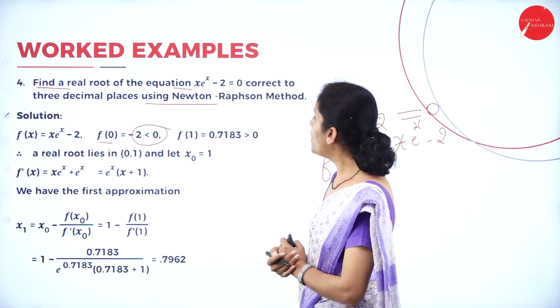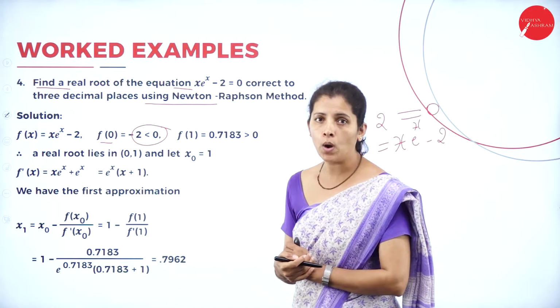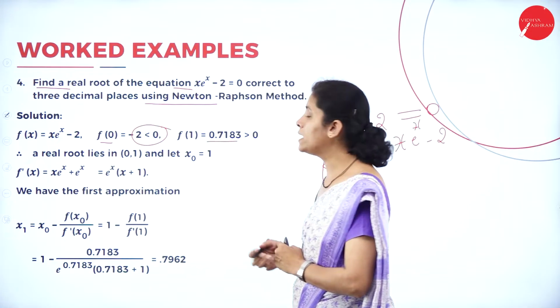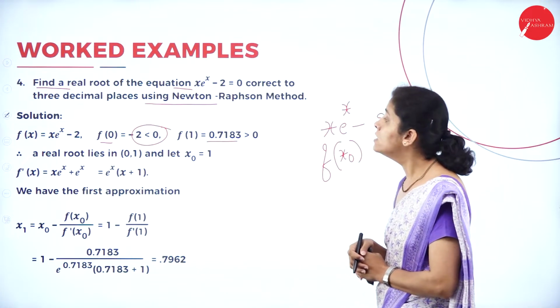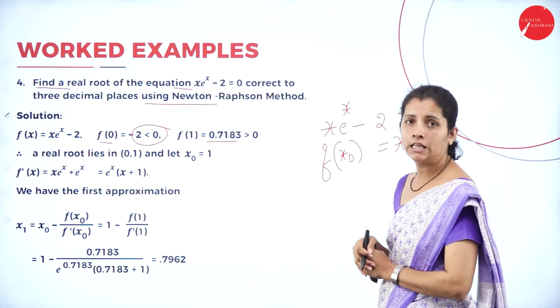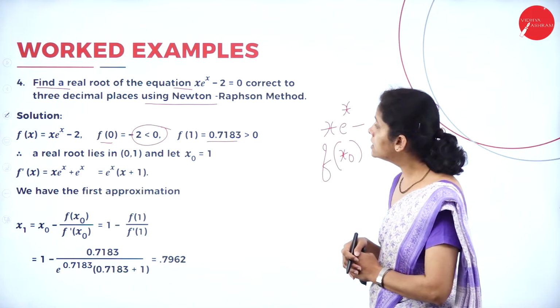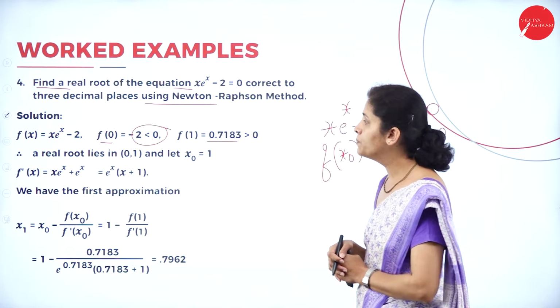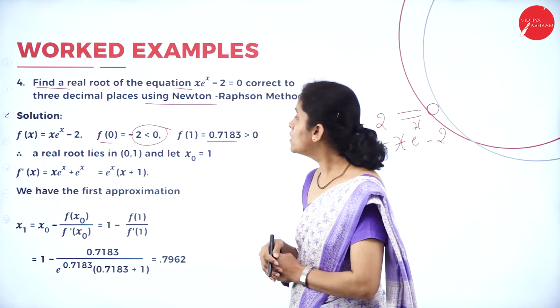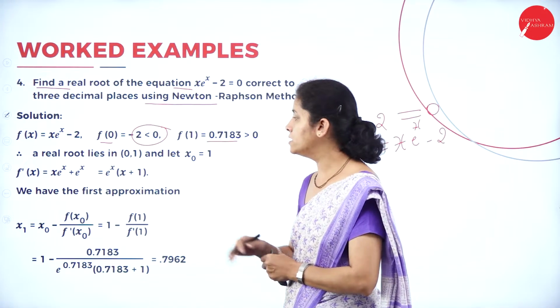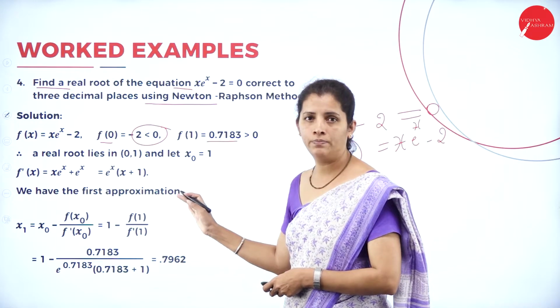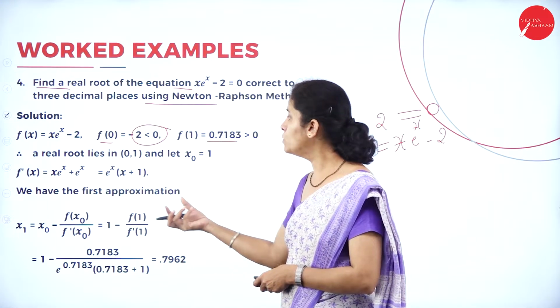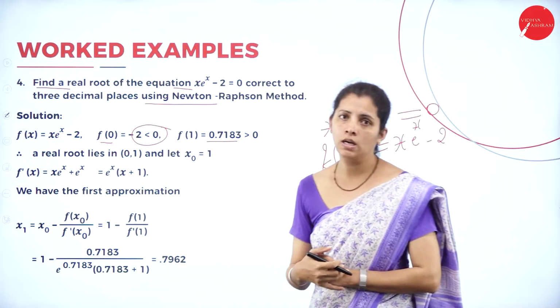Now, when x equal to 1, I got the value 0.7183, which is greater than 0. Therefore, the root lies between 0 and 1. Now I came to know where the root lies.